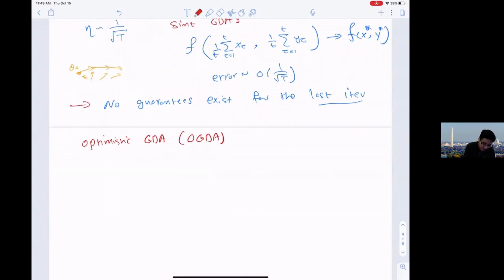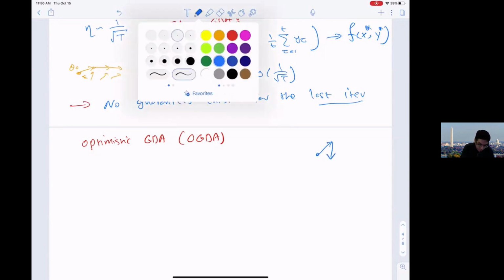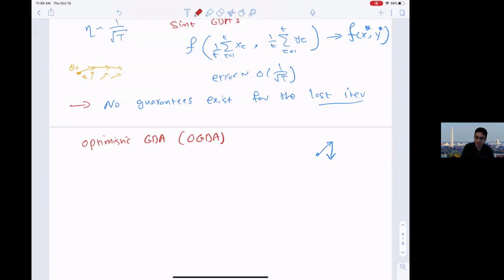Okay, so let's step back. In gradient descent, we know about the momentum method, right? With the momentum method, if you have a gradient, you don't completely follow the gradient. Maybe you use your previous step to have a momentum, because if your gradient changes suddenly, you don't want to follow your gradient at that point.